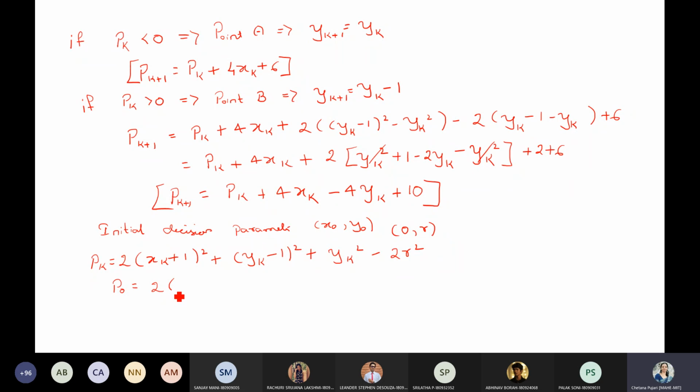We'll get 2 into (0 plus 1) whole square. So this will be (r minus 1) whole square plus r square minus 2r square. So that will be equal to 3 minus 2r.